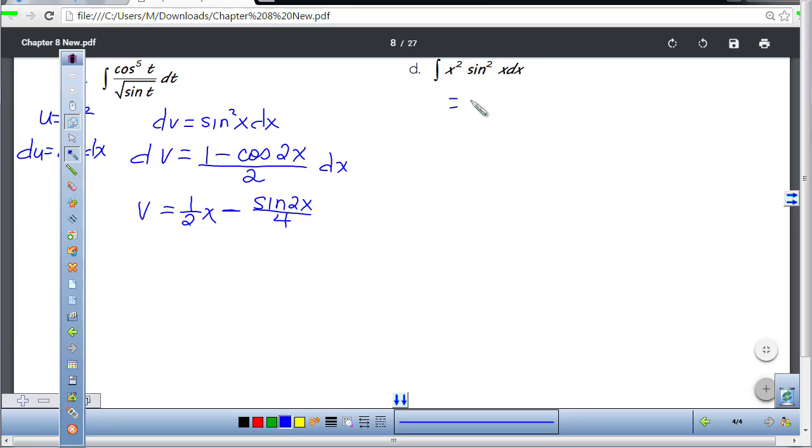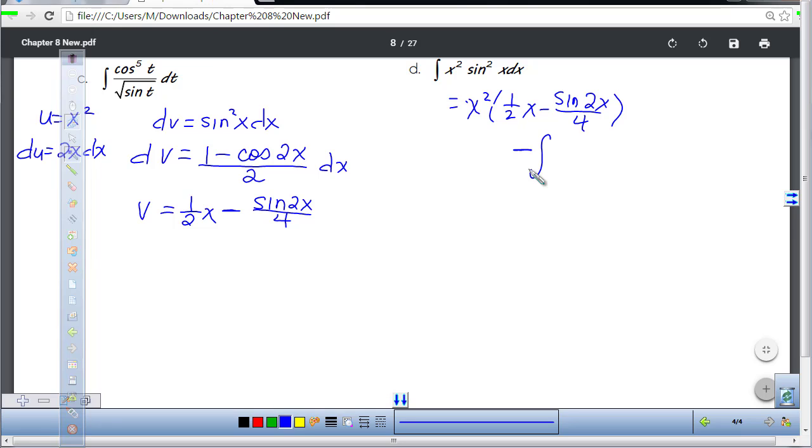So uv was x squared times 1/2 x minus sine 2x over 4. So that's uv minus the integral of v du.